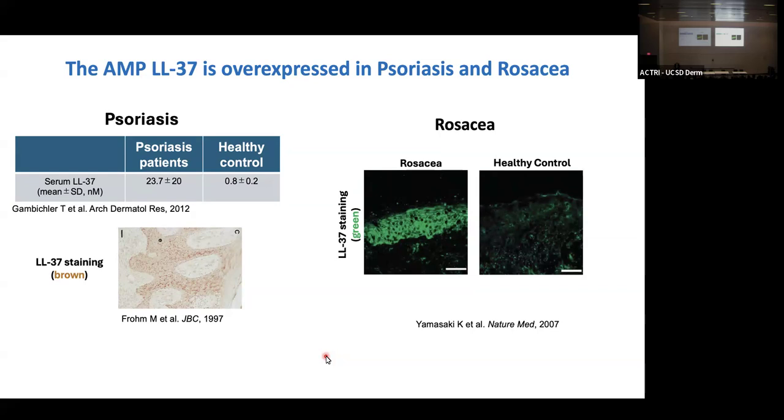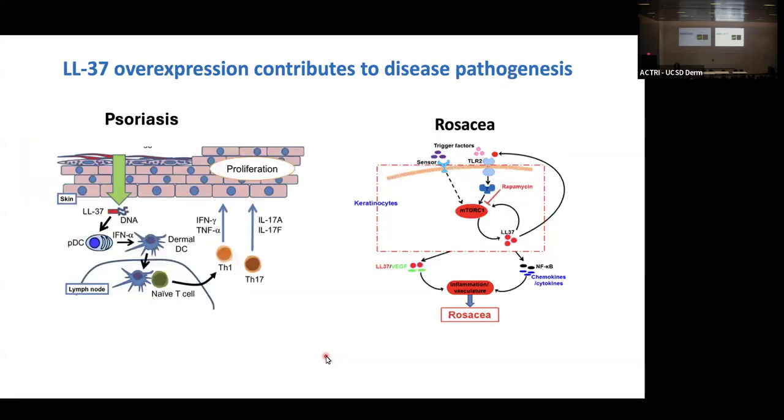And rosacea too has very, very high levels of LL37 in most of the patients, which we think explains the pathophysiology of the disease. And this is some overviews, and if anybody wants to look it up, it's complicated stuff, but the bottom line is that the excess of antimicrobials can be bad, and the excess of this particular antimicrobial peptide can drive inflammation.